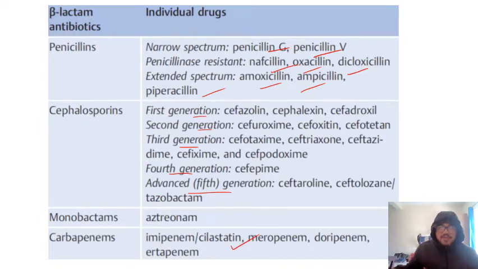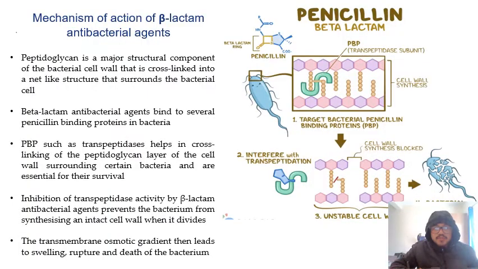Now let's move on to the mechanism of action of beta lactam antibiotics, like penicillin. Here you can see peptidoglycan, and these peptidoglycans are made up of NAM and NAG monomers.